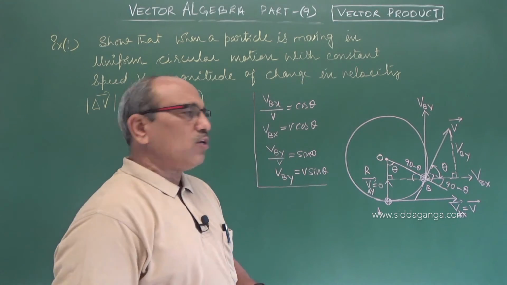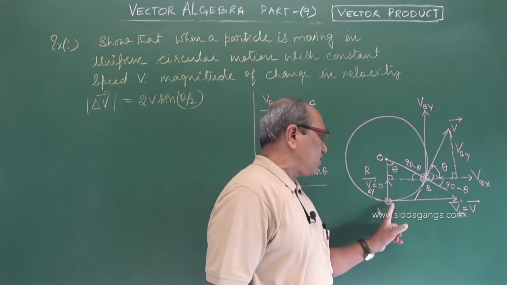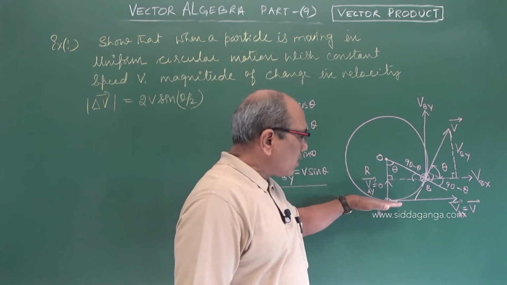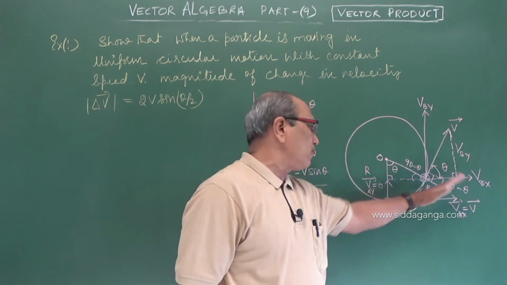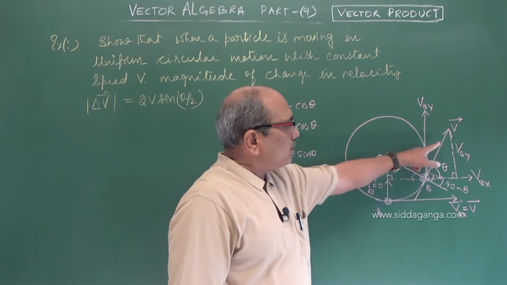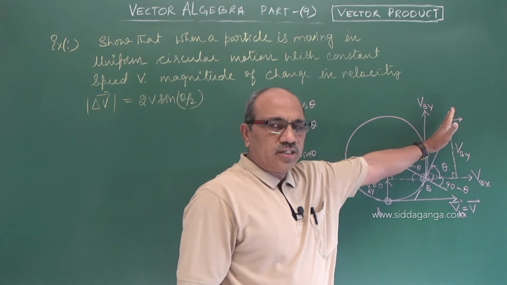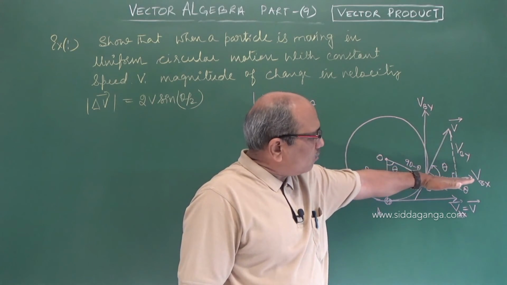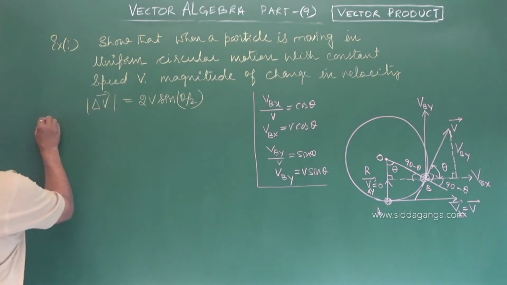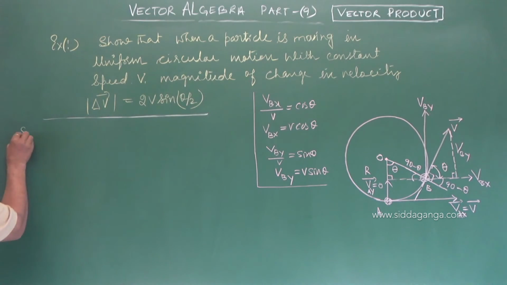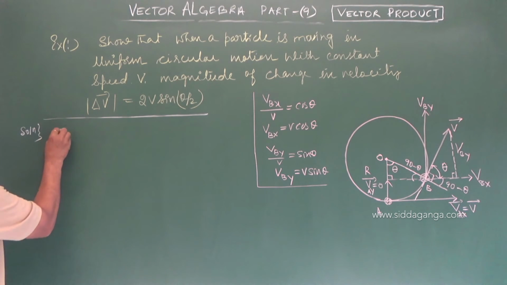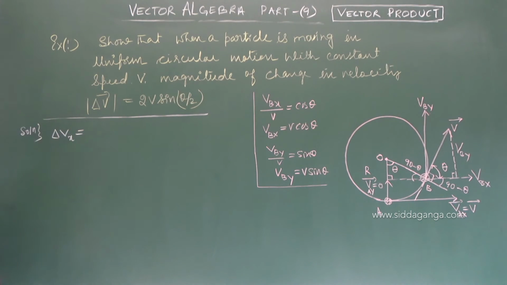These two we determined with reference to the figure. To find the change in velocity, our aim is to get the two positions. At one position, I have taken the velocity tangential to the circle, completely along the horizontal direction. In the vertical direction, no component exists at A. But when we come to B, the velocity appears in some direction tangentially, and I found the x component and y component. Let us come to the solution of this problem. First find the change in the x component of velocity.